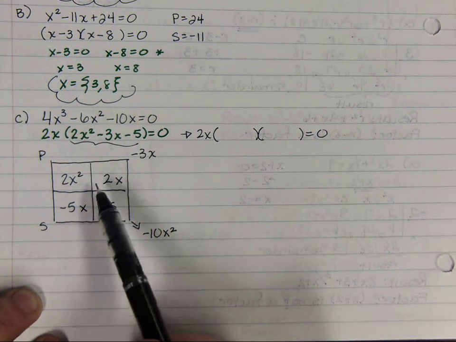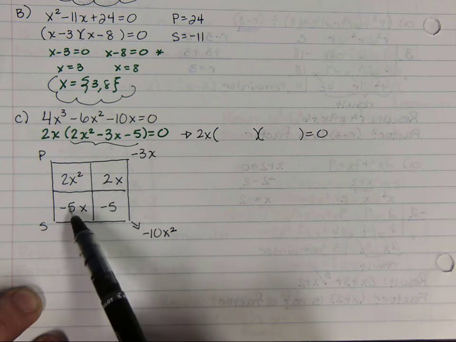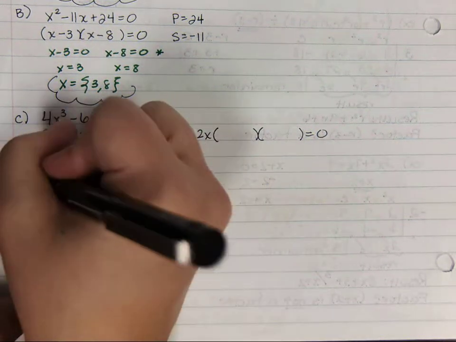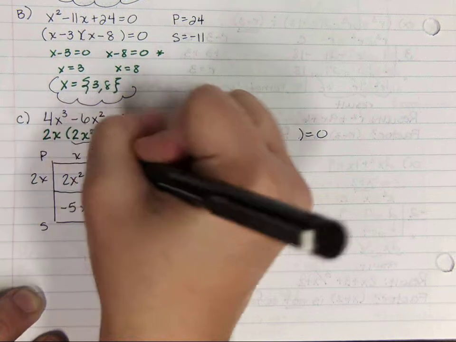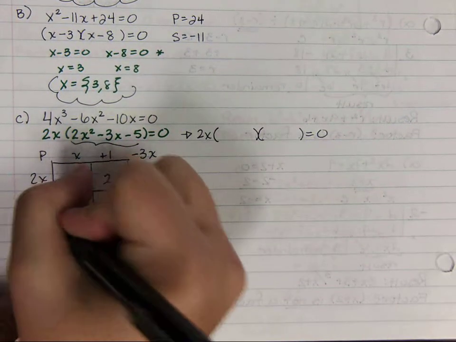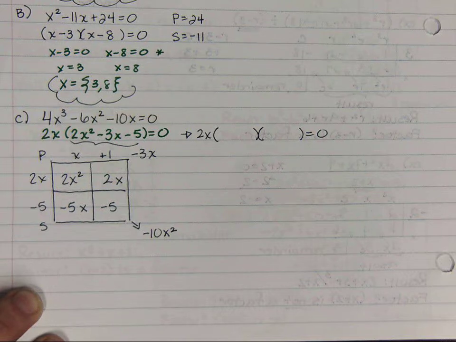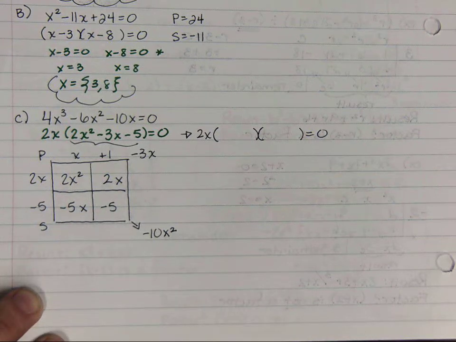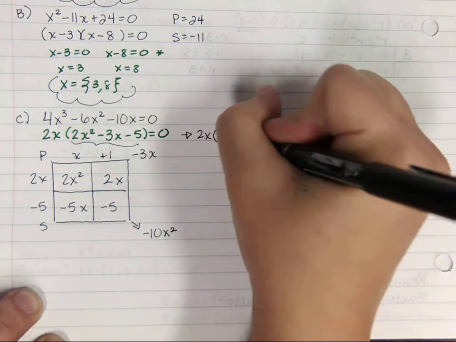And you need to make sure that when you multiply these two together, you do have negative 10, but when you add them up, give you negative 3. Otherwise, you're going to be trying to factor something that doesn't work. And then you can factor outwardly what they have in common. Always double check, like remultiply through to make sure that the numbers actually work. And those are your factors.